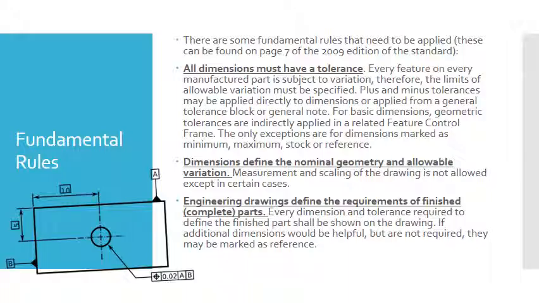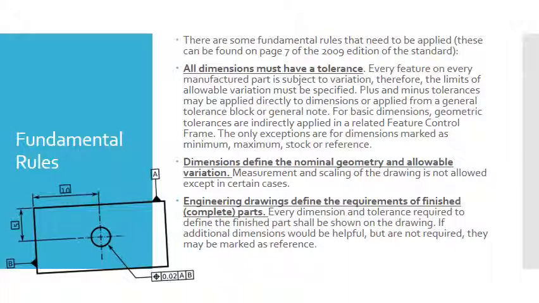Dimensions define the nominal geometry and allowable variation. Measurement and scaling of the drawing is not allowed except in certain cases. Engineering drawings define the requirements of finished parts. Every dimension and tolerance required to define a finished part shall be shown on the drawing.